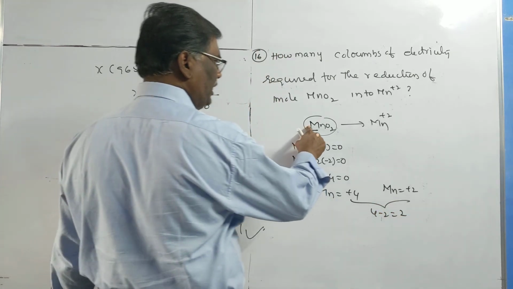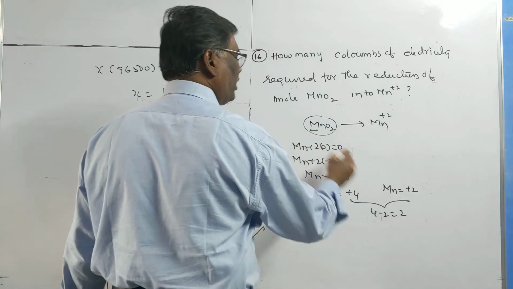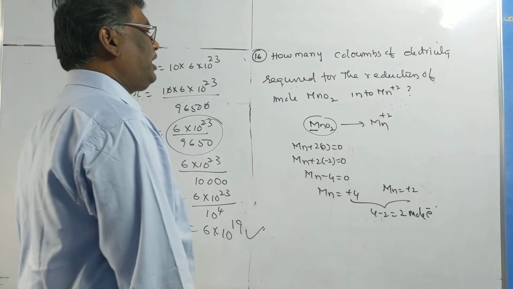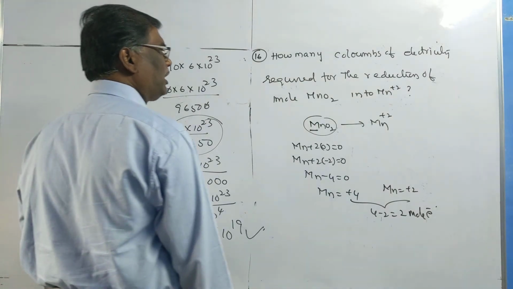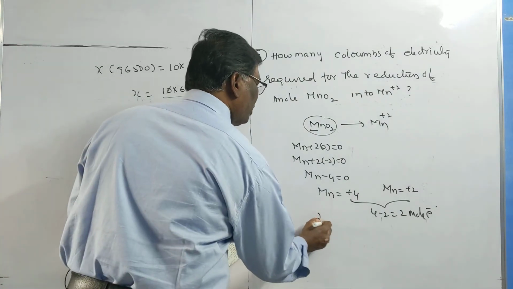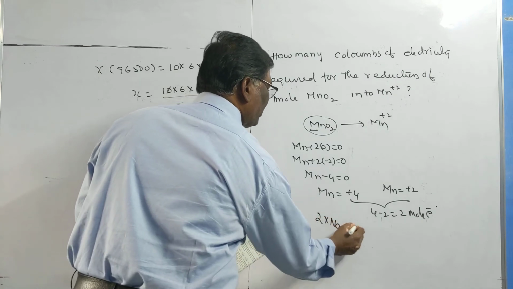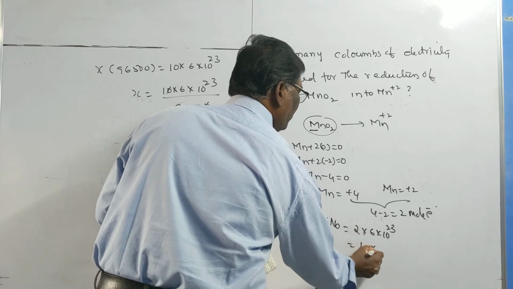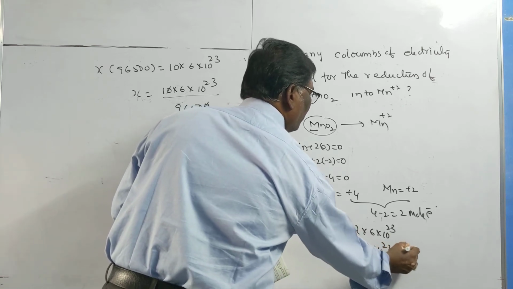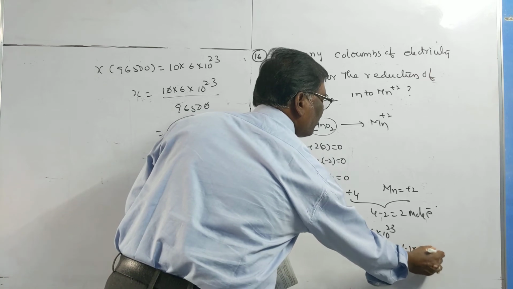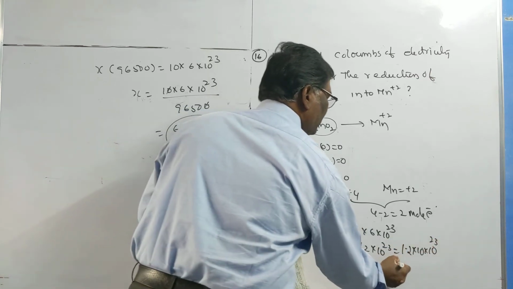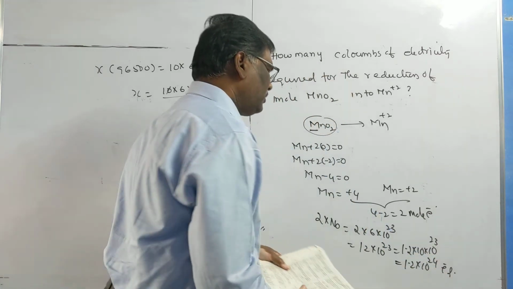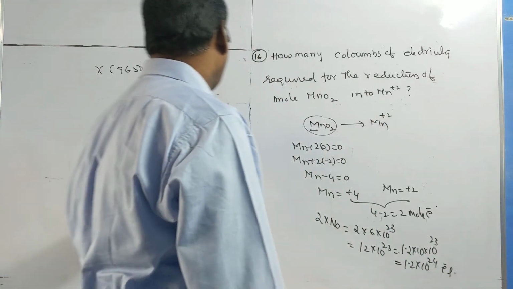So one molecule needs 2 electrons. 1 mole needs 2 mole electrons. 2 mole electrons are taken as 2 into Avogadro number of electrons, 2 into 6 into 10 power 23, clearly 12 into 10 power 23, or it is taken as 1.2 into 10 power 24 electrons we have. Thus we calculate the number of electrons.